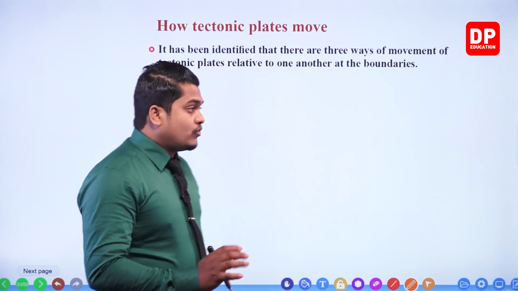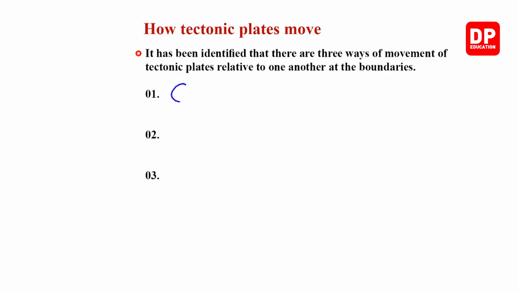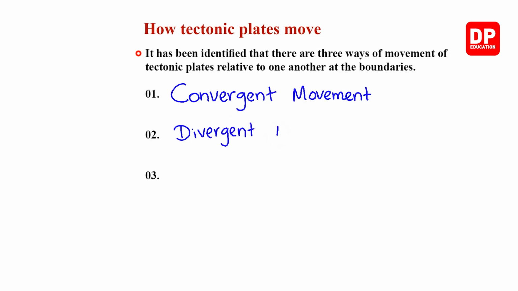So there are three movements: convergent movement, then divergent movement, then, my dear children, slip movement.